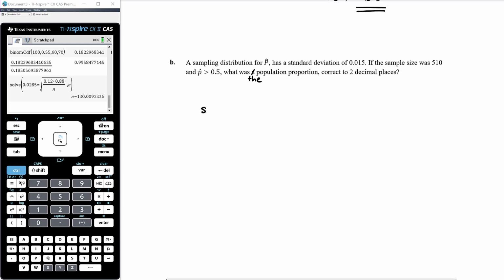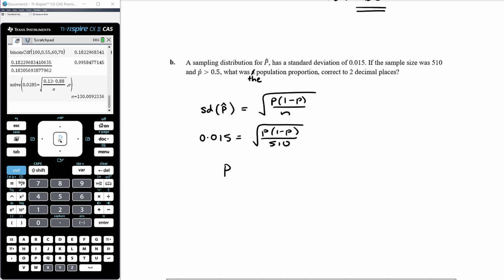Okay, so we know that the standard deviation of p hat is the square root of p times 1 minus p over n. So this time we know what the standard deviation is. P times 1 minus p. We know what n is, 510. And we want to solve for p. That should be p is bigger than 0.5, I think.